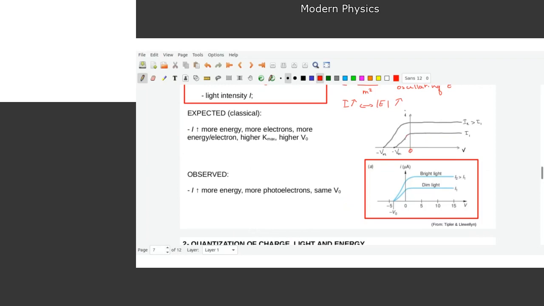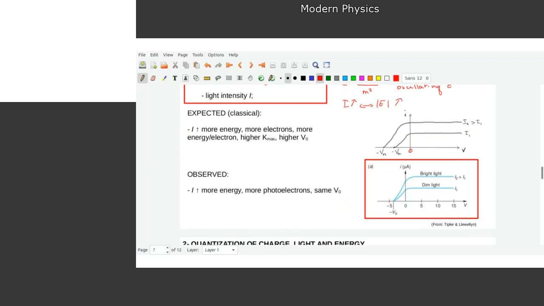And so if you increase negatively the potential, there is some point where you will have the stopping potential minus V01, because if you increase more, even the fastest photoelectrons have been stopped here. If you increase the intensity of the light, you expect to observe a higher value of the photocurrent.